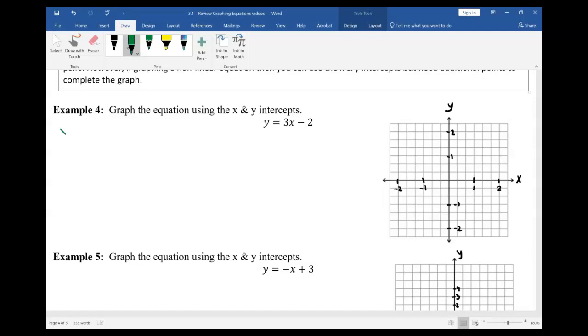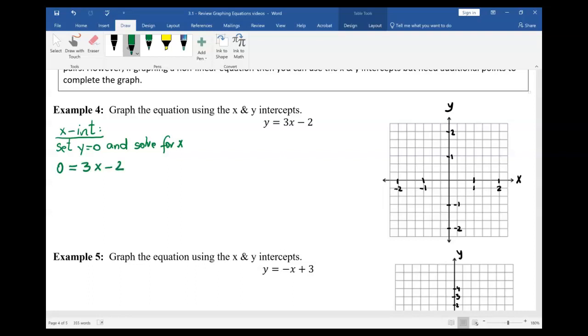To find the x-intercept, as I said earlier, we have to set y equal to 0 and solve for x. We have 0 equals 3x minus 2.